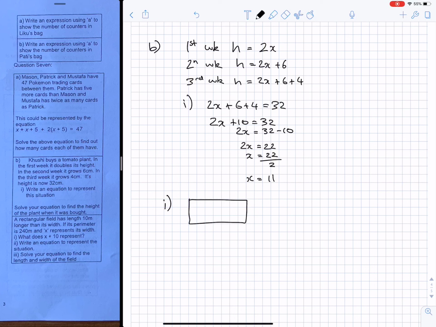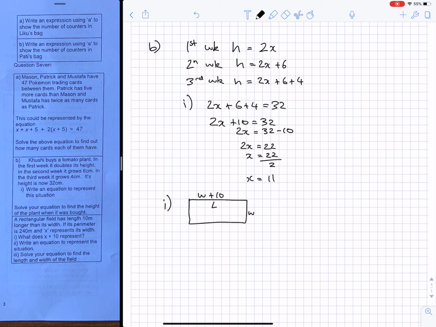A rectangular field has a length, so this is its length here, and that's its width. It says here, a rectangle has a length 10 meters longer than its width. So width plus 10, right? If its perimeter, which is the outside length, is 240 meters, and x represents its width, what does x plus 10 represent?